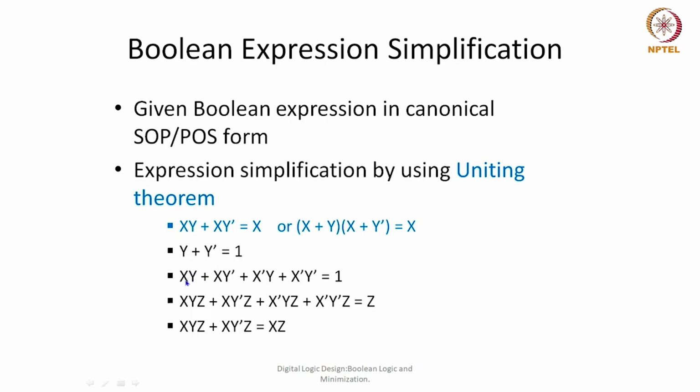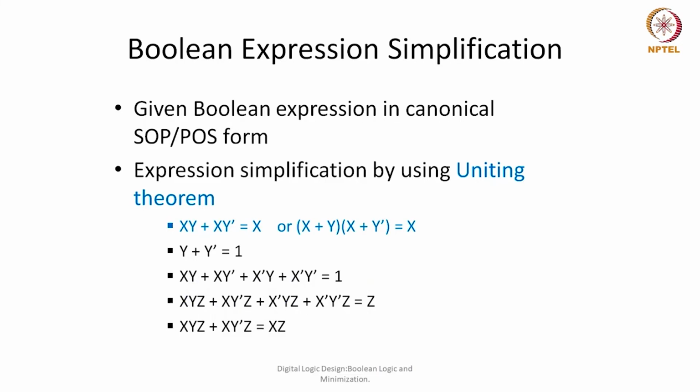Similarly, xy dash plus xy will become x, and x dash y plus x dash y dash will become x dash, and x plus x dash will become 1. So we can apply that recursively.